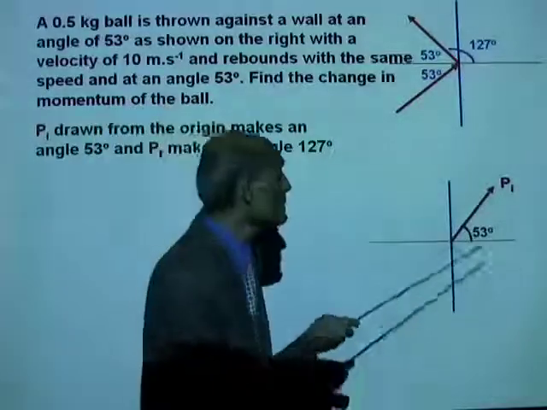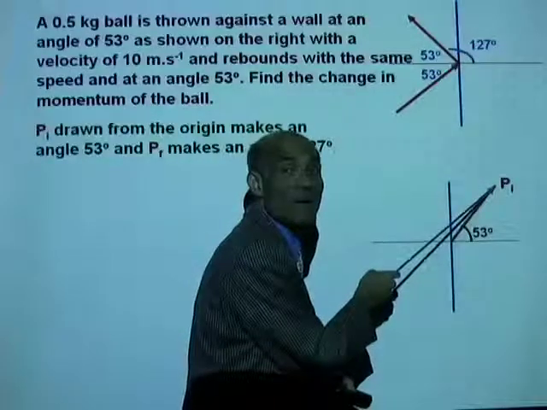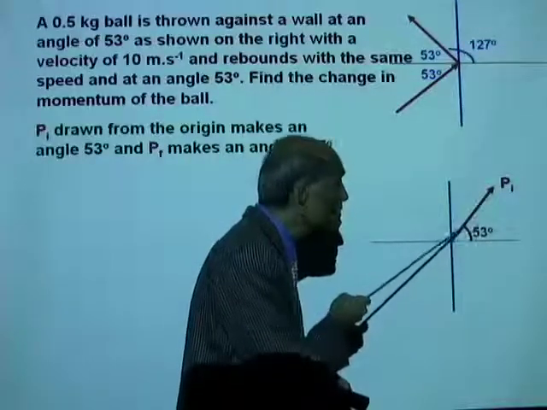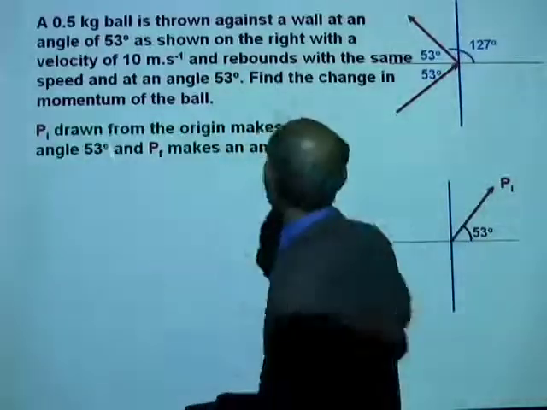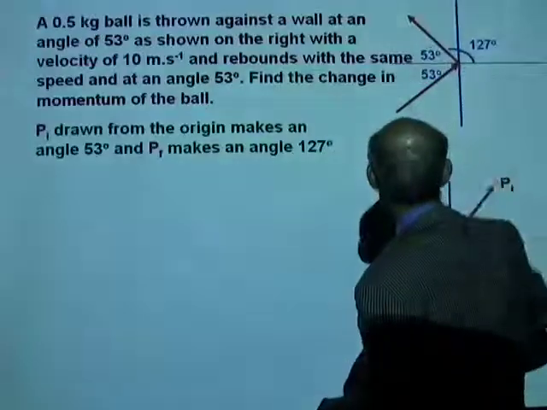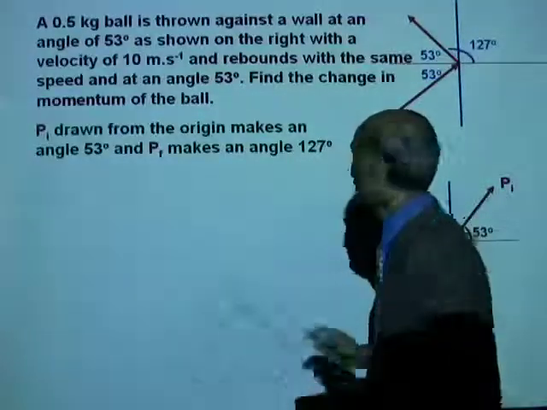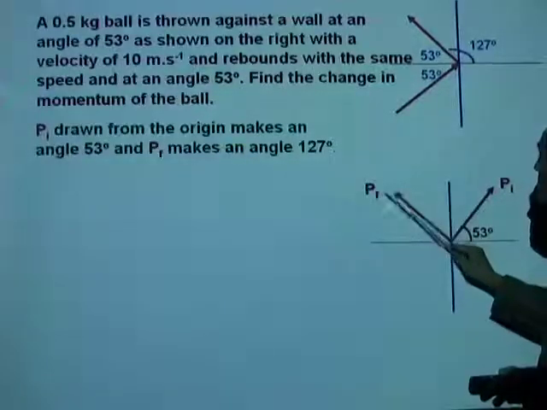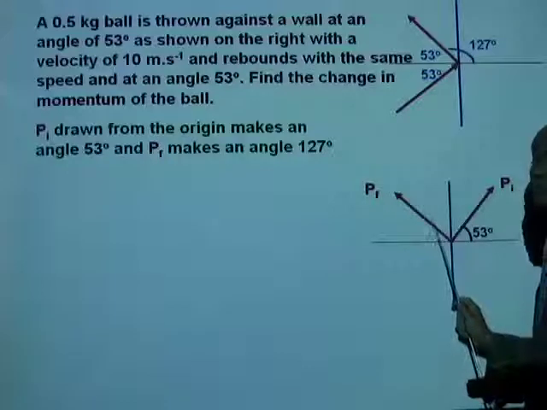x-axis. That means Pi is the momentum magnitude and 53 degrees is the direction. And the final momentum you can draw at the same position. So this is the final momentum Pf, and what is the angle of the final momentum?